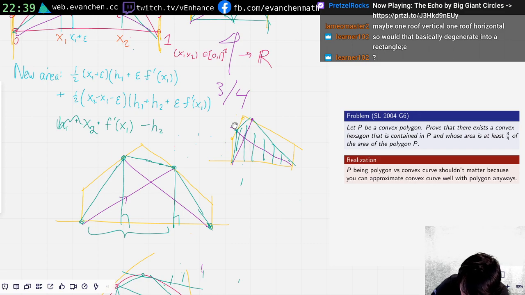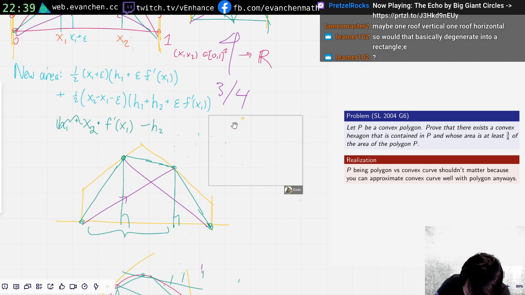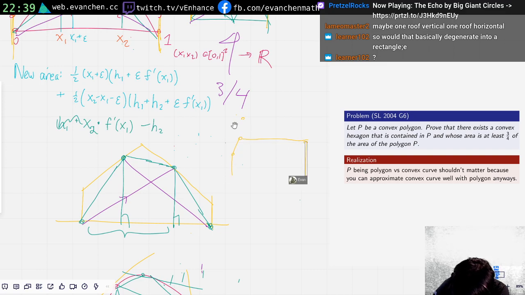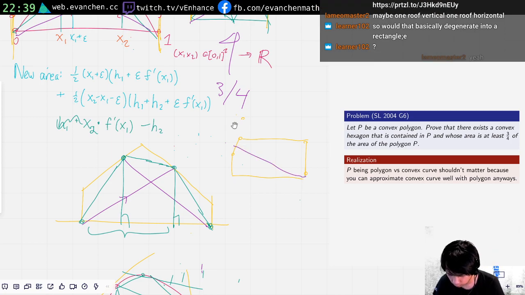So the degenerate counterexample you're proposing is that I have something that basically looks like this. And I think in that case, the algorithm just doesn't apply, right? Because this thing is supposed to hit the purple roof and doesn't.